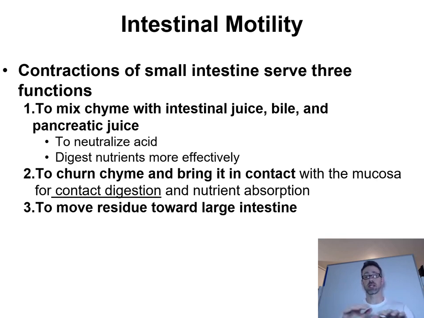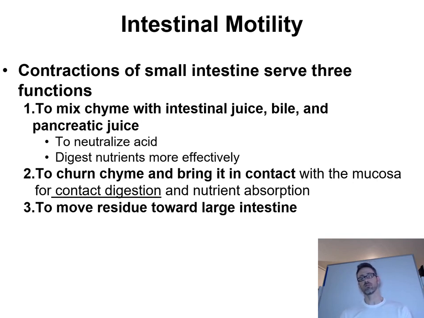So we have to bring the chyme in contact with the surface of the intestine so that they can be digested appropriately. So we actually have two types, which again I'll elaborate more in the next lecture. But you have enzymes that are secreted into the lumen and get mixed up with the chyme and digest. And then you have surface digestion, which is called contact digestion, which helps to digest when it makes contact with the chyme on the surface of the epithelium.